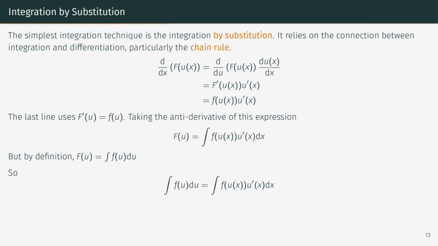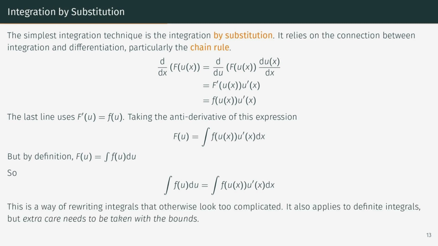So we can see that the integral of f(u) du equals the integral of f(u(x)) times u'(x) dx. This is a way of rewriting integrals that otherwise seem too complicated. It also applies to definite integrals, but extra care needs to be taken with the bounds.